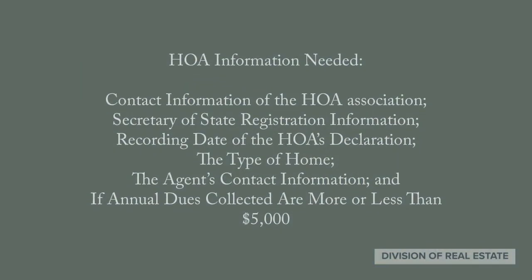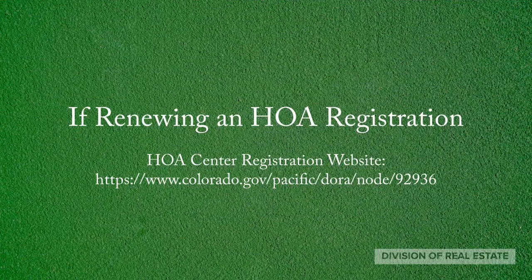You will need the following information: the name, physical address, and county of the HOA association, the Secretary of State entity registration number, date of incorporation, and type of entity, for instance, corporation, the recording date of the HOA's declaration of covenants, the type of home, for instance, condo, planned development, or cooperative, the agent's name, address, phone number, and email address, and if annual dues are collected, are they more or less than $5,000?